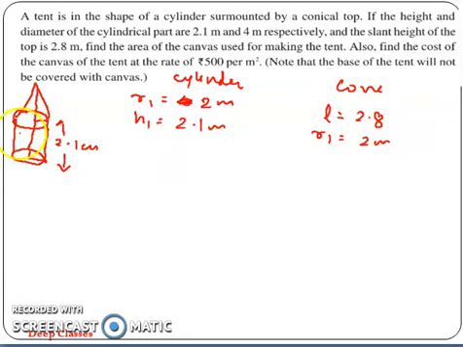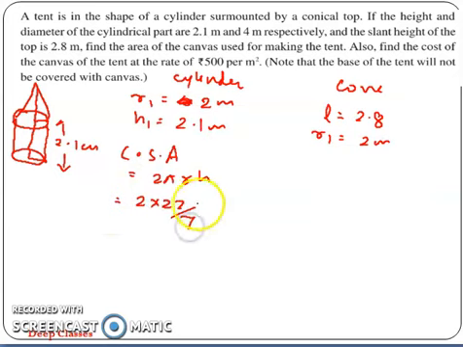Okay, now find the area of the canvas used for making the tent. So the curved surface area of the cylinder and the curved surface area of the cone is the total curved surface area, or the area of the canvas used for making the tent. So curved surface area of the cylinder we can write 2 pi rh, which is equal to 2 into 22 upon 7 into radius is 2 and height is 2.1.